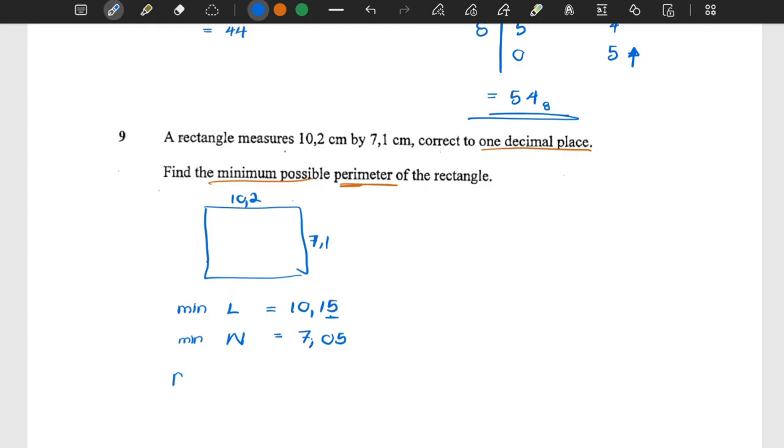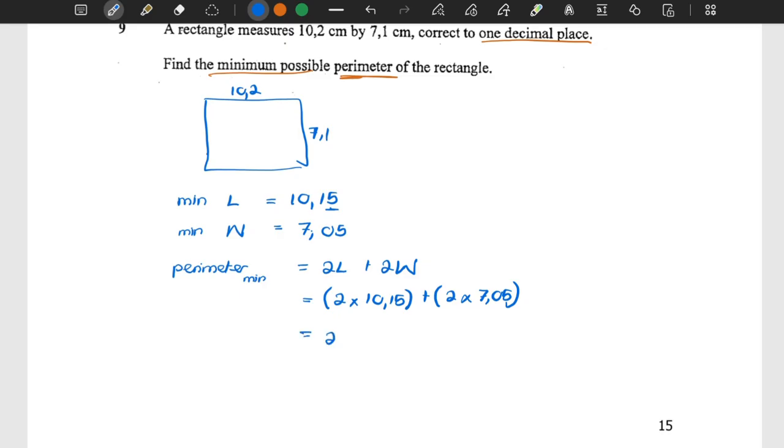So now perimeter, the minimum possible, will be equal to 2 times length plus 2 times width, right? So that'll be 2 times 10.15 plus 2 times 7.05.